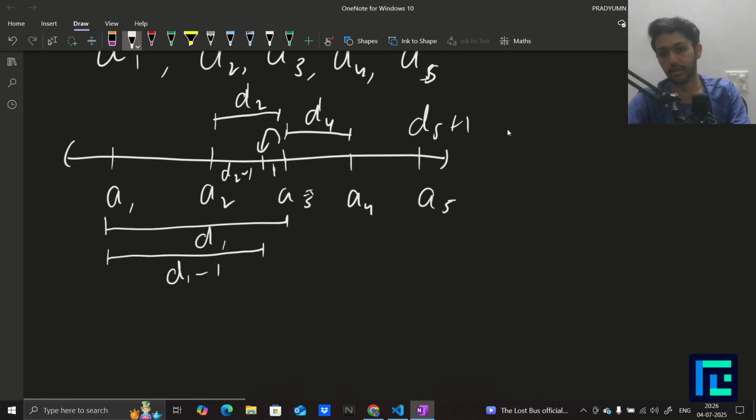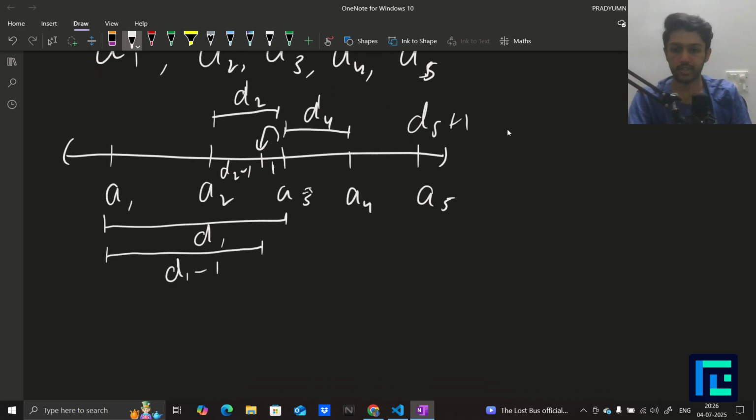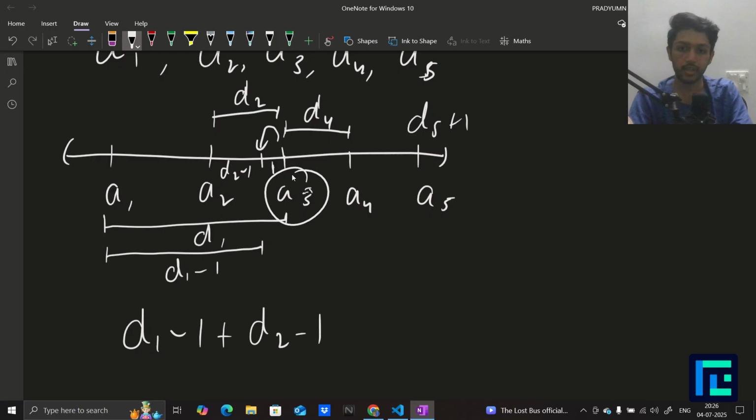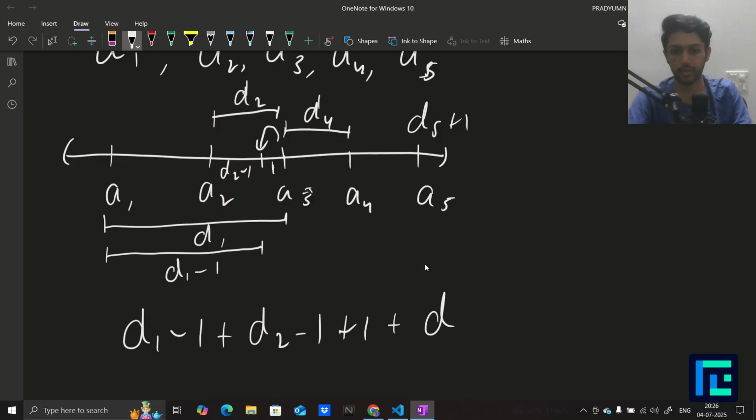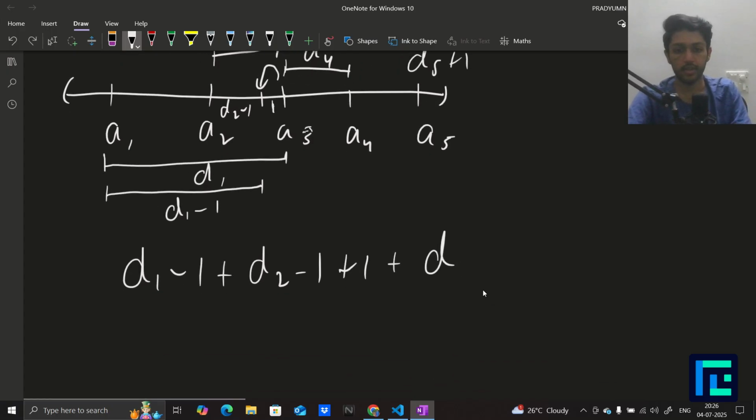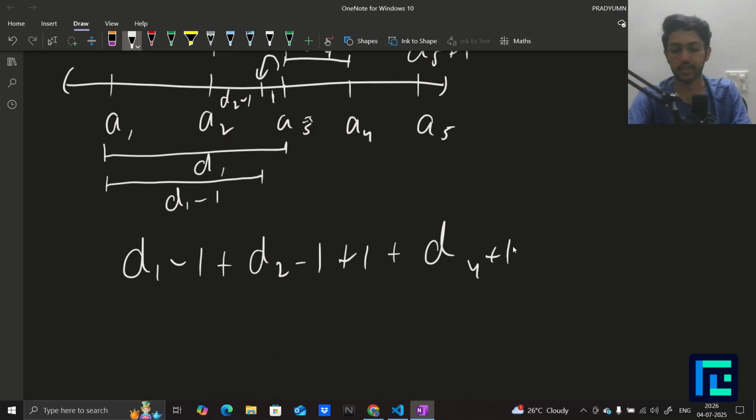So the total distance traveled is: a1 traveled d1 minus 1, a2 traveled d2 minus 1, a3 traveled one distance, so plus 1, a4 traveled d4 plus 1, and a5 traveled d5 plus 1.